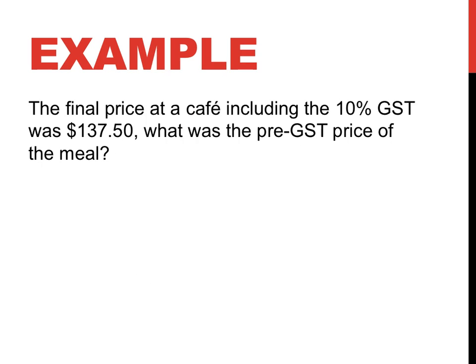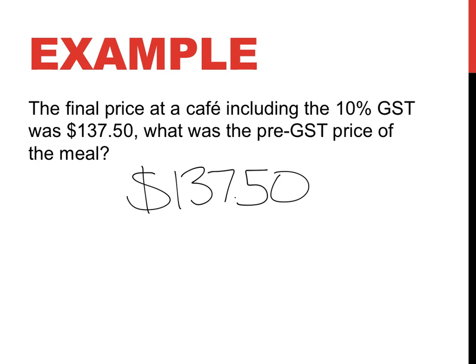Okay, let's have a look at something. The final price at a cafe, including the 10% GST, was $137.50. What was the price pre-GST? Ooh, gosh. So this $137.50 represents all of the initial cost plus 10%. Let me say that again.